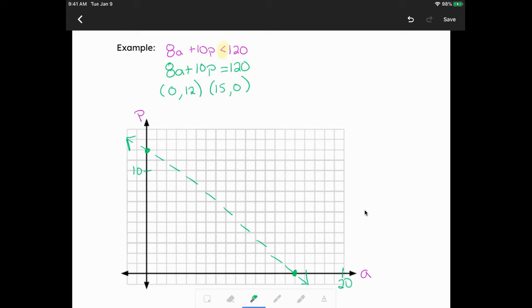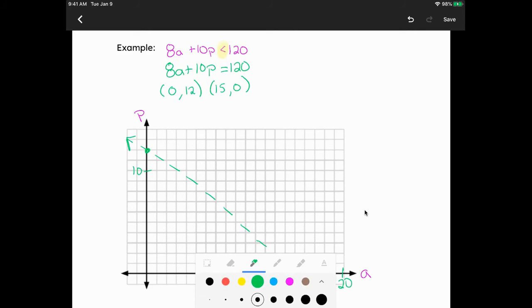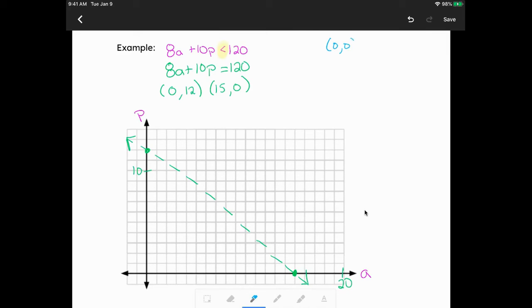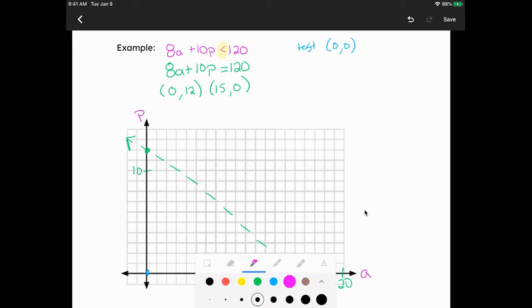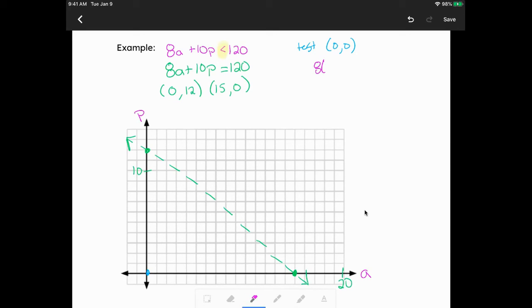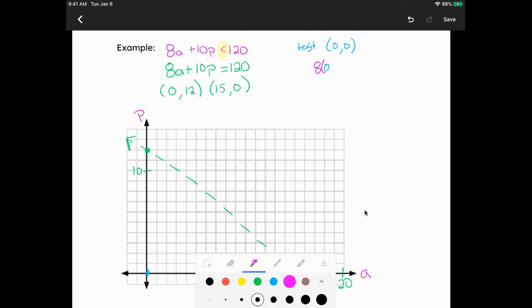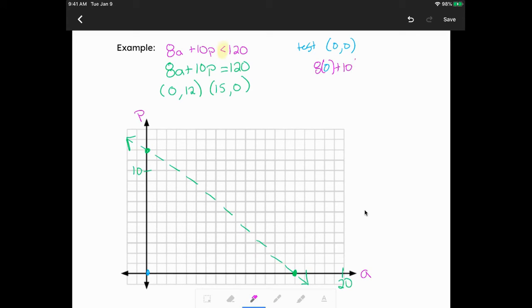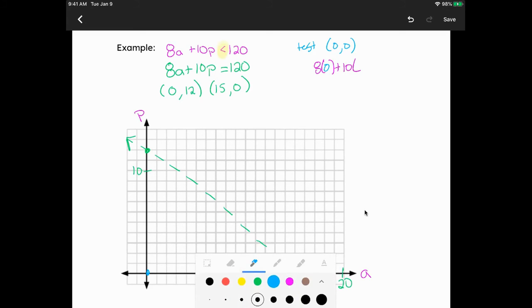And then step 3 is going to be to test a point that is not on our boundary. So the point that I'm going to test is 0, 0. We can see that 0, 0 is not on our boundary line. When we test 0, 0, we're going to do 8 times 0 plus 10 times 0.